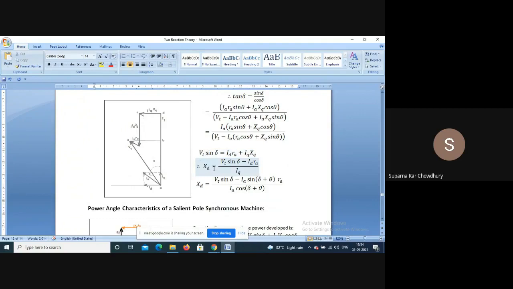So Xt is equal to Vt sine delta, which is equal to Id Ra plus Xq Id Ra minus IqXq. So Vt sine delta, IqXq, this is Iq.